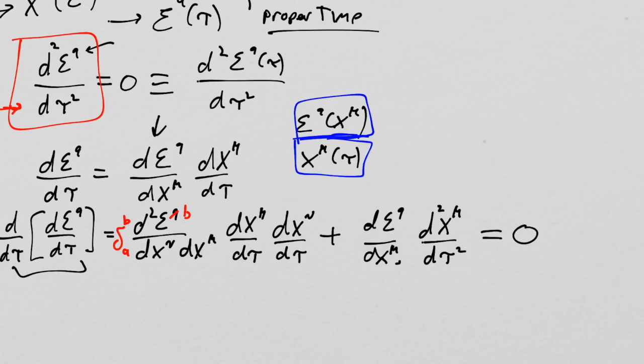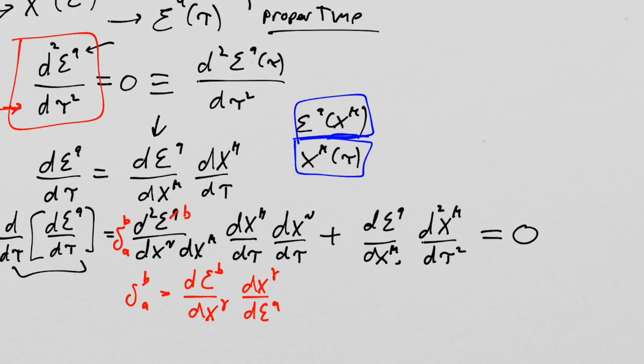But it does allow us to exploit this little fact that δ^b_a is going to be dε^b/dx^γ times dx^γ/dε_a, like that, right? Oops, not like that, that's not the way I want it.